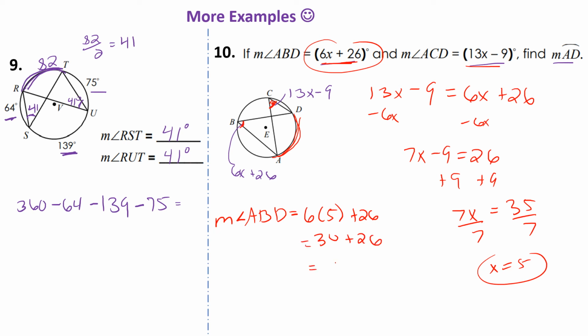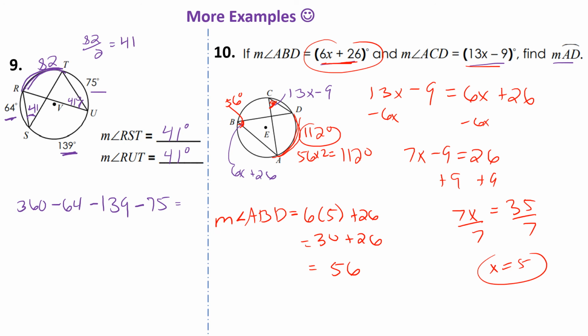This angle is 56 degrees. ABD is an inscribed angle, and so the intercepted arc would be double that. So I could do 56 times 2, and that gives me 112 degrees, which is what we want. We want the arc AD.